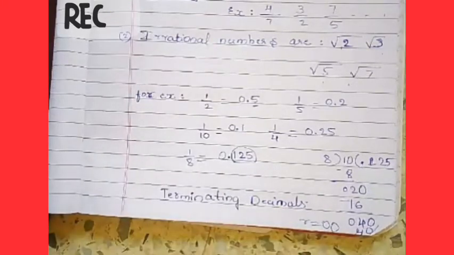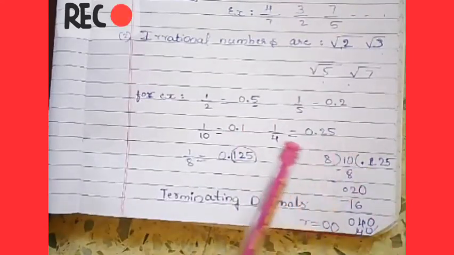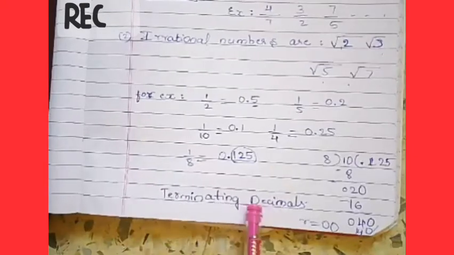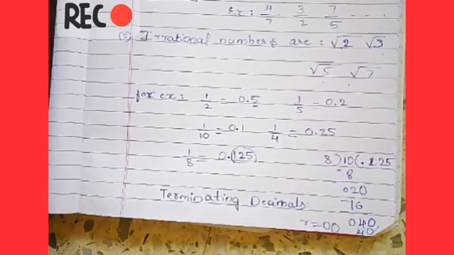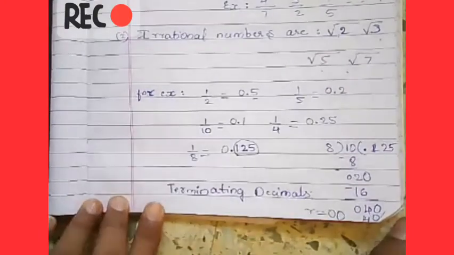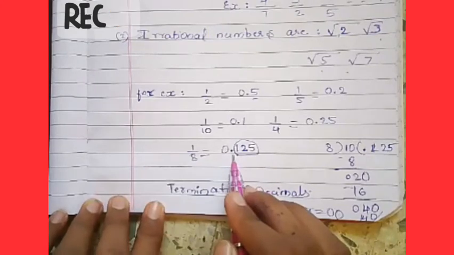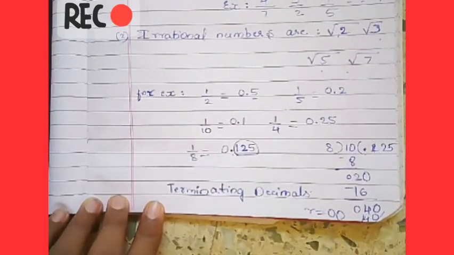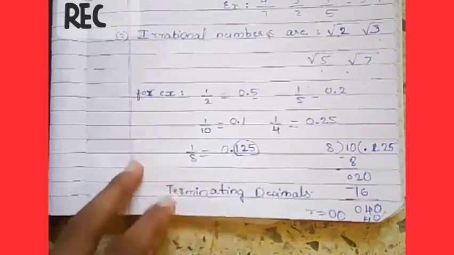Once again I repeat, the numbers which are finite after the decimal point, those numbers are called terminating decimals. So this was the first category of the decimals.